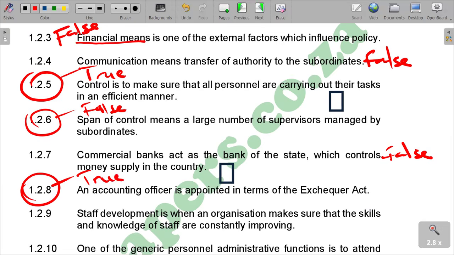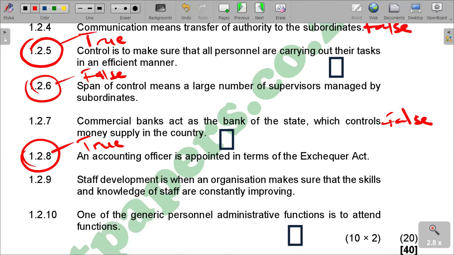And then staff development is when an organization makes sure that the skills and knowledge of staff are constantly improving. Yes, people undergo continuous staff development in order to ensure that their skills are still relevant and are matching the expectations of the organization.